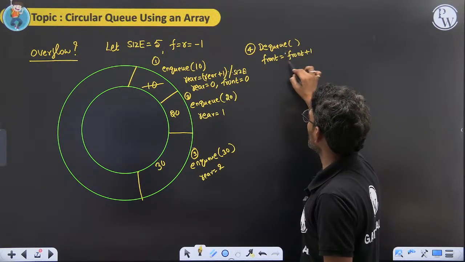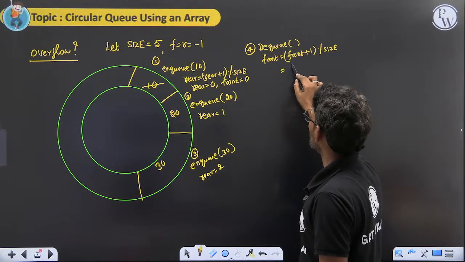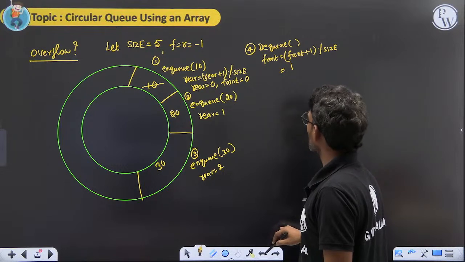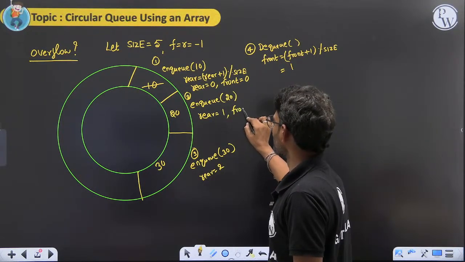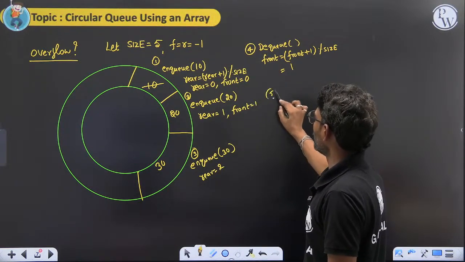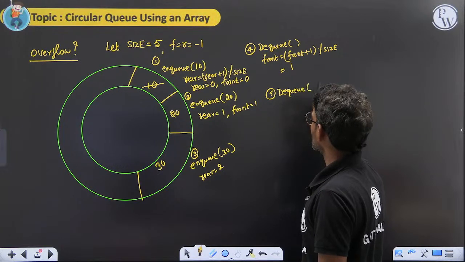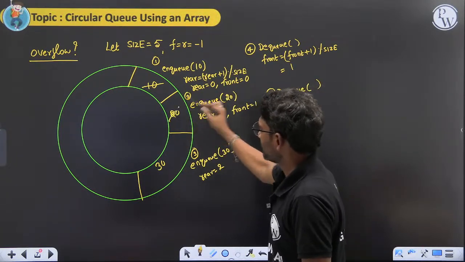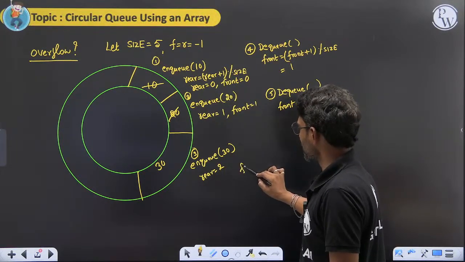So front equals front plus 1 mod size. Front becomes 1. Now I do one more deletion. After deleting, front will be 2. So front is at 2.